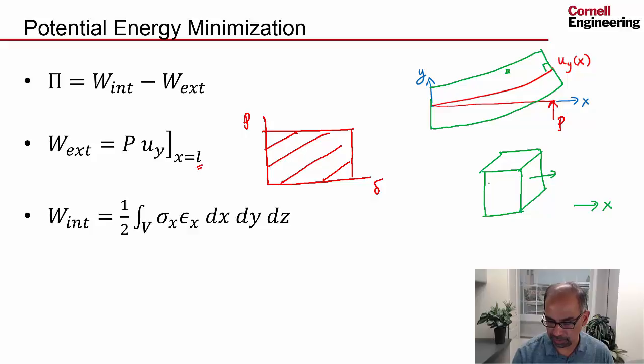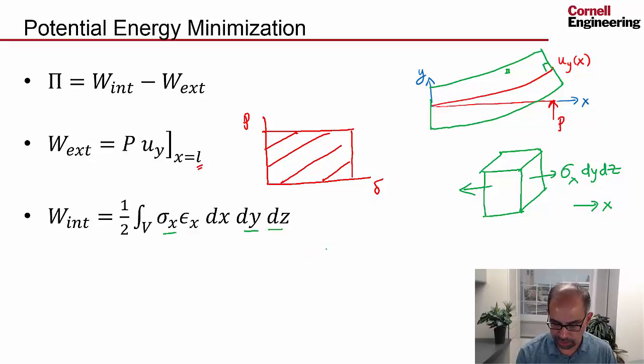So the internal force is only the force in the x direction. It could be pulling that infinitesimal chunk, or it could be pushing it, and that's equal to sigma x times dy dz, where dy would be that length and dz would be that length. So that's where you get that from.